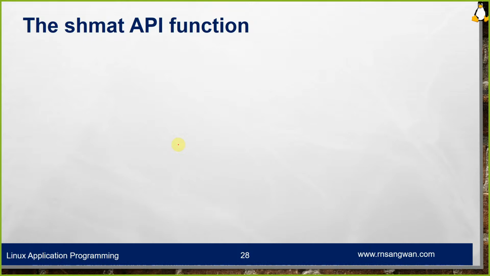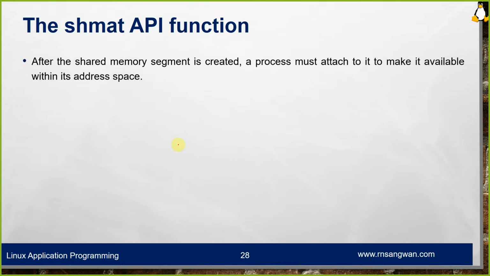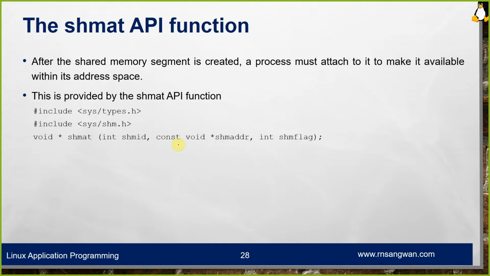shmat API function. After the shared memory segment is created, a process must attach to it to make it available within the address space, and this is provided by the shmat API function.